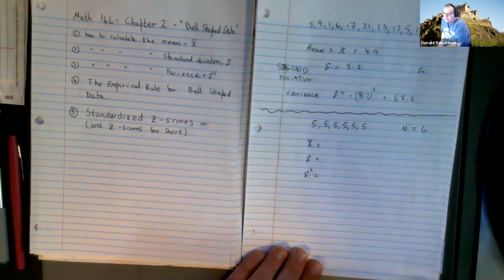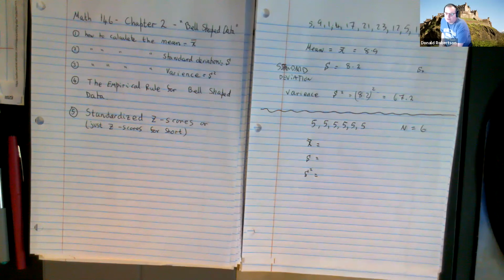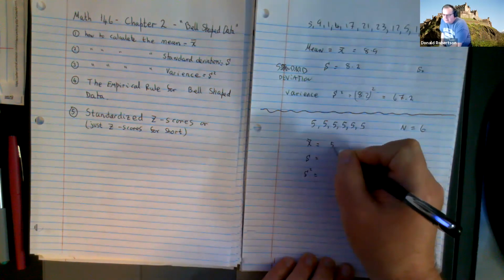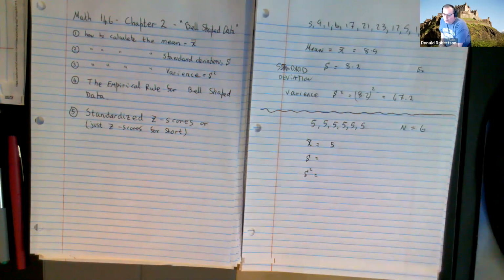I don't need a calculator to answer any of those questions. Would you agree that the mean is going to be 5? If all the numbers are 5, isn't the mean 5? Maybe less obvious.